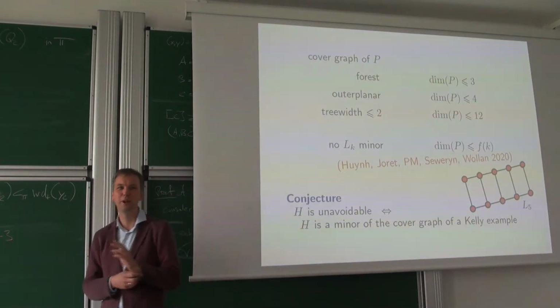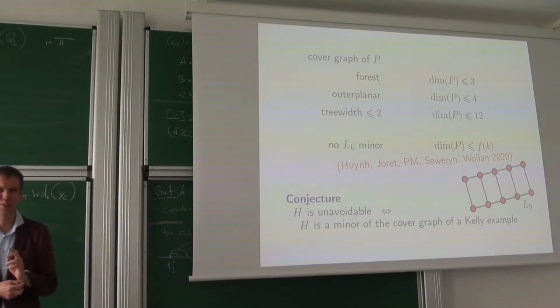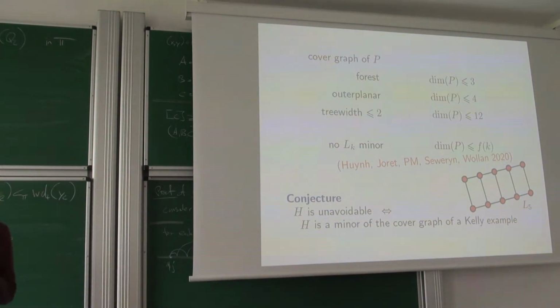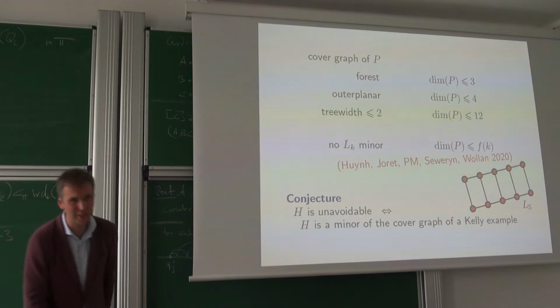Here is a really wild conjecture. Something is unavoidable if it's in Kelly. And the ladder was a step towards it. It's kind of tough to make the next step.